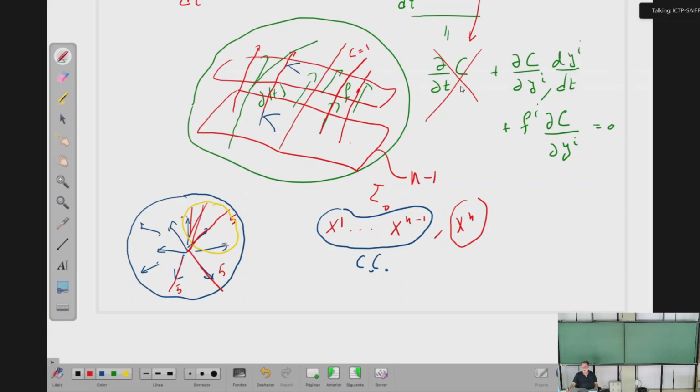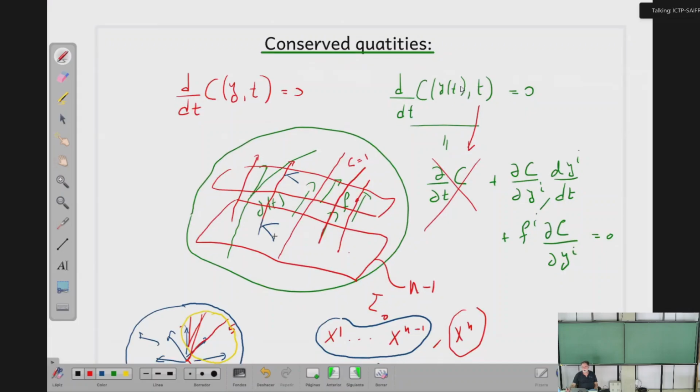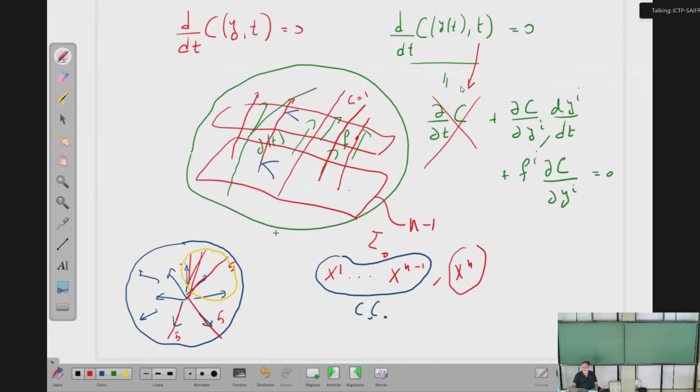So this conserved quantity has different values here, but I cannot extend it globally. So you can have local conserved quantities and global conserved quantities. And sometimes to check the code, you might need only a local conserved quantity. You don't need to have a global one.